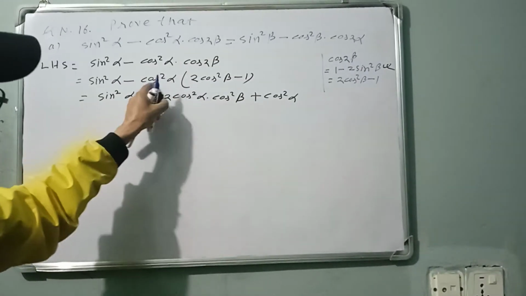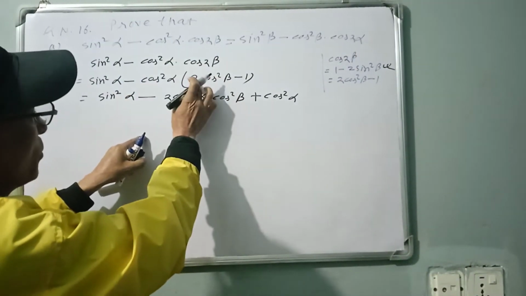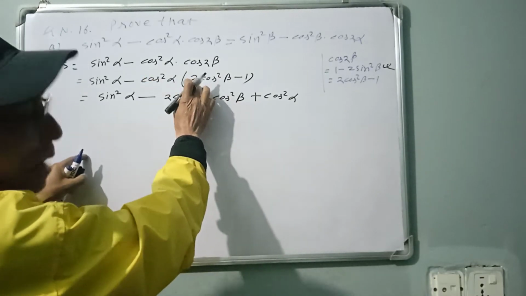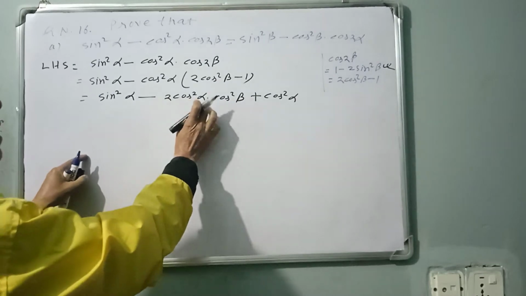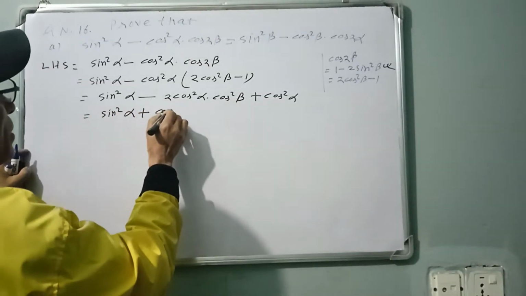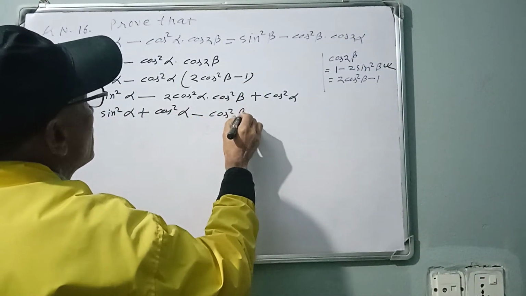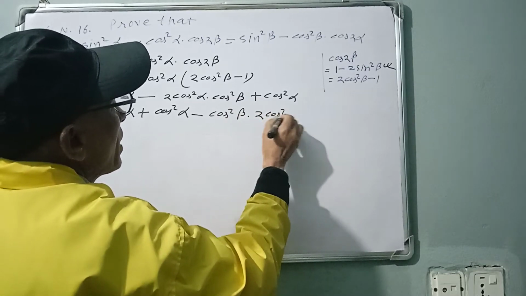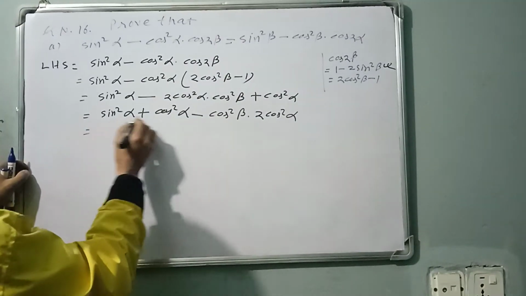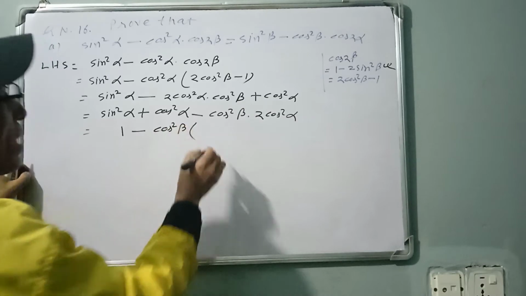Separate out cos 2 beta and multiply it by 2 first: 2 cos square beta. Now 2 cos square alpha into cos square beta minus minus plus cos square alpha. Now sin square alpha plus cos square alpha minus cos square beta into 2 cos square alpha. Sin square alpha plus cos square alpha is 1, minus cos square beta. Now what is the formula?